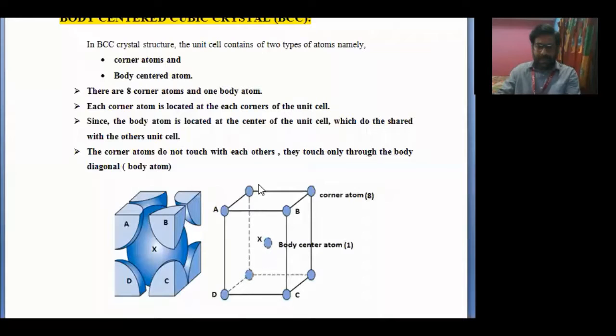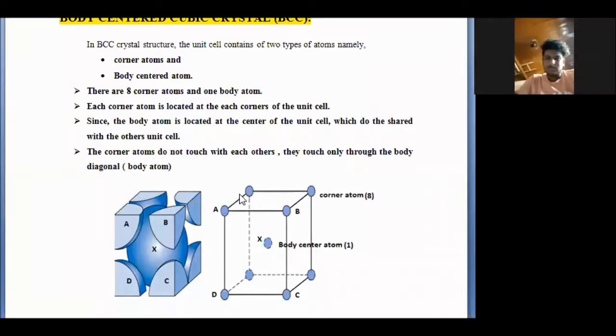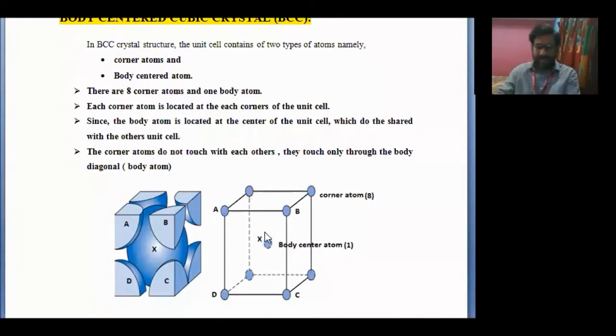Each corner contains one corner atom. In addition to this corner atom, we have one body-centered atom, which is located at the center of the unit cell.